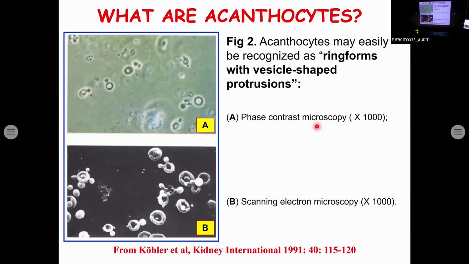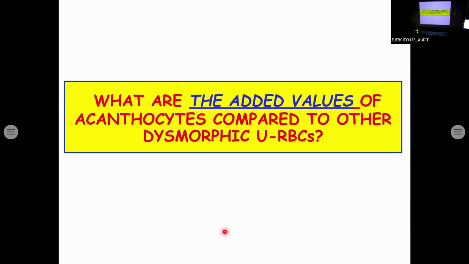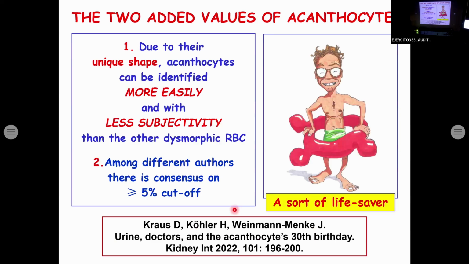Okay. And in fact, here you see the definition given by Köhler and co-workers. Acanthocytes may easily be recognized as ring forms with vesicle-shaped protrusion. Phase contrast images and scanning electron microscopy image, you see, ring and vesicles. What are the added values of acanthocytes compared to other dysmorphic red blood cells? Two added values.